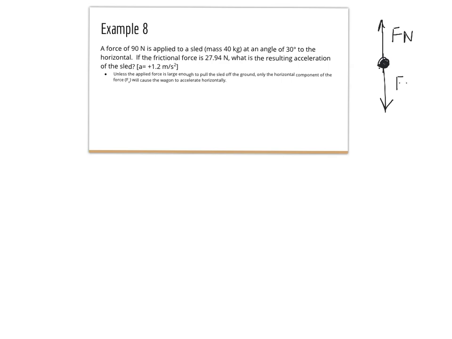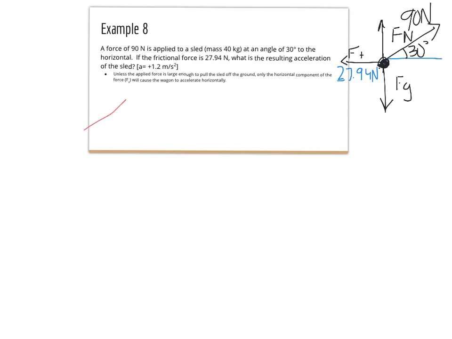Fn, Fg. We have a force of friction, and we know that to be 27.94 newtons. And we also have an applied force that is 30 degrees from our horizontal here. And that was 90 newtons. So we need to solve for components here.